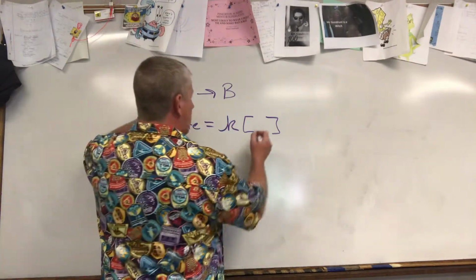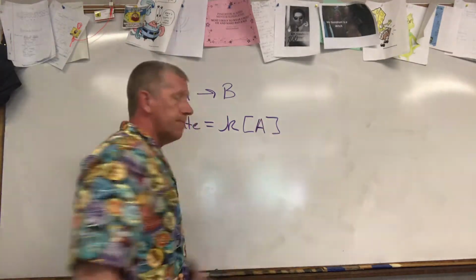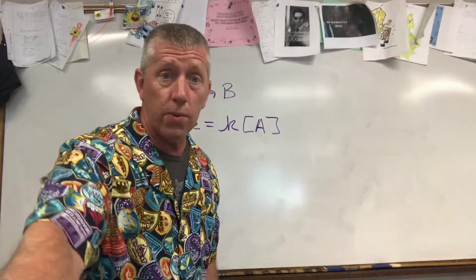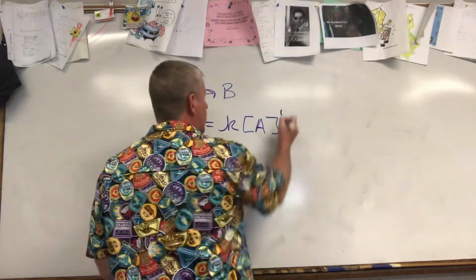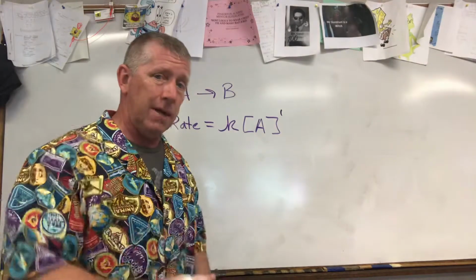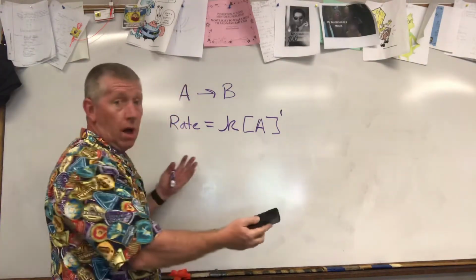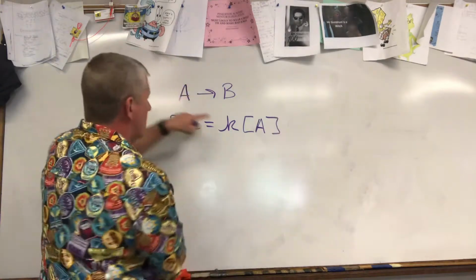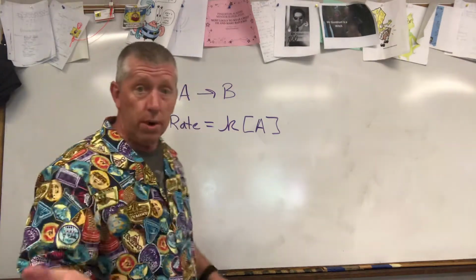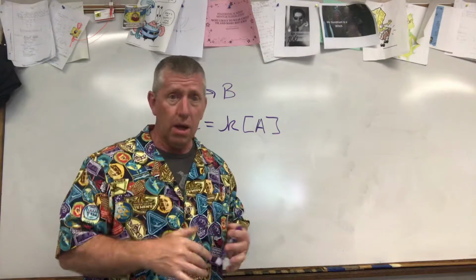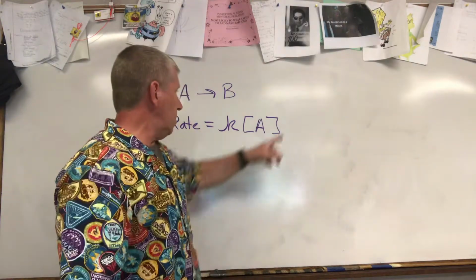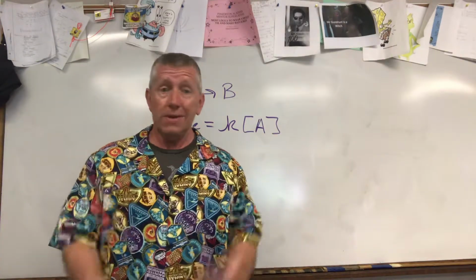So that's my only reactant, so that goes here. And it told me it's a first order reaction, so there's a 1 here. Of course, I'm not going to write it. You can if you want to. But there's a 1 there. So therefore, that's the rate law. That's it. I've got one reactant. It told me it's first order, so I don't have to dig through the data to figure it out. That's a 1. There's my reaction. That's it.